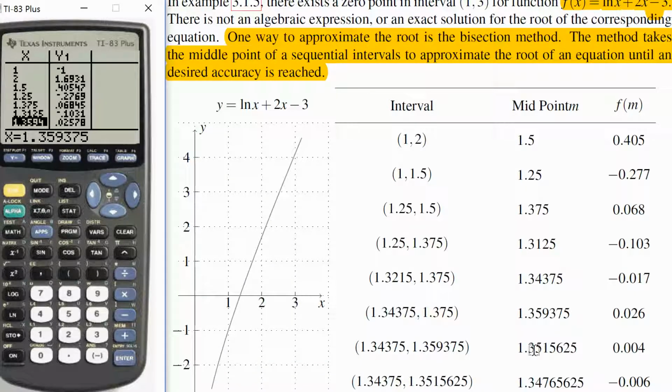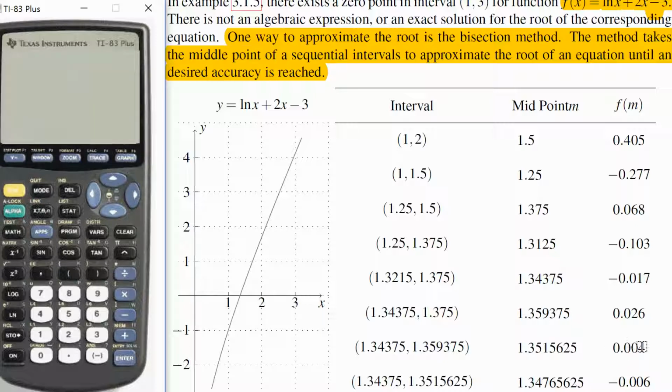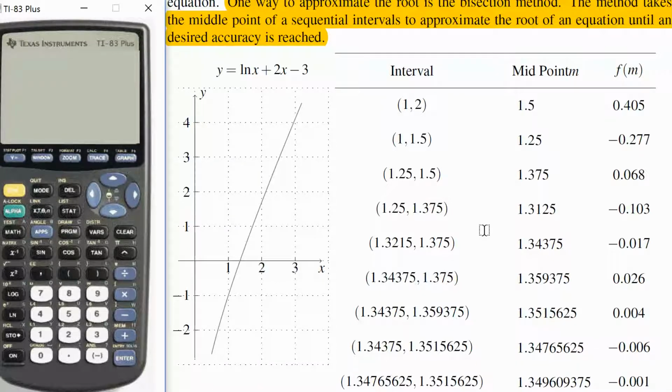You see the middle point here is quite close to 0, approximately 0. So you may choose this one as a root, or as a 0 point of this function. So it depends on your given accuracy. You did a few more steps.